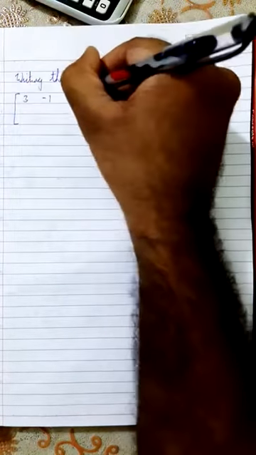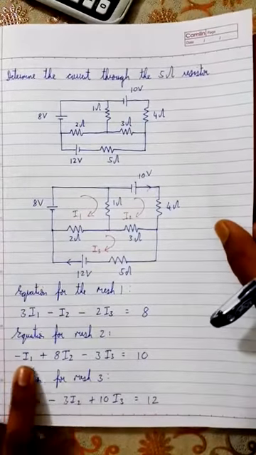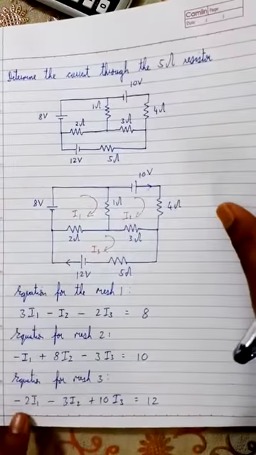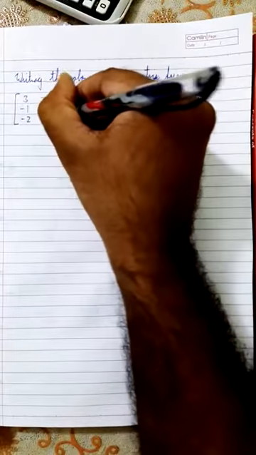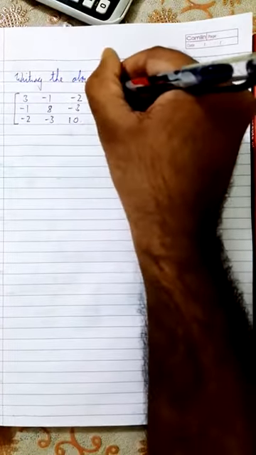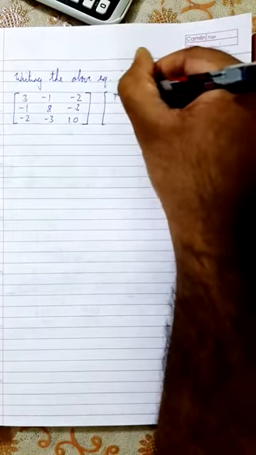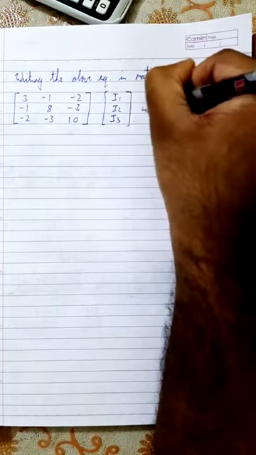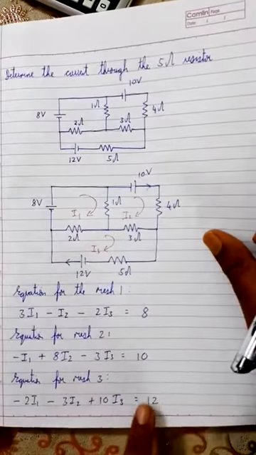Second row, minus 1, 8, minus 3. Third row, minus 2, minus 3, 10. This is my coefficient matrix, and then the unknown variables are I1, I2, I3, is equal to, and your matrix for the voltage sources is 8, 10, 12.